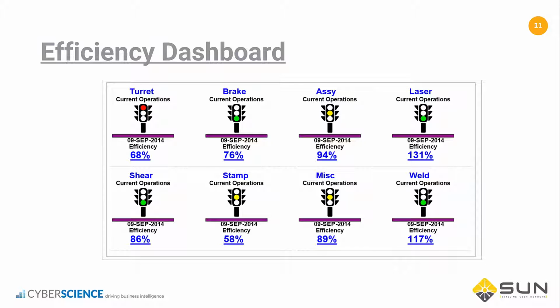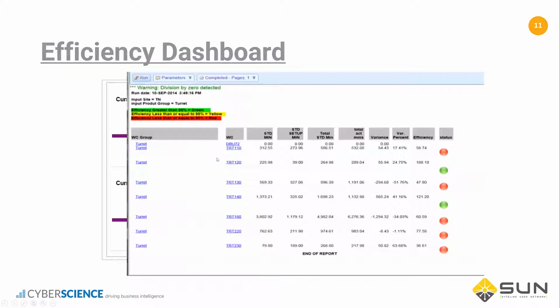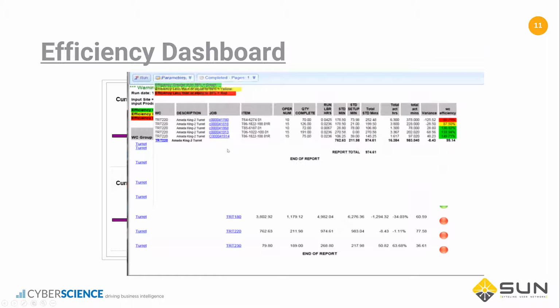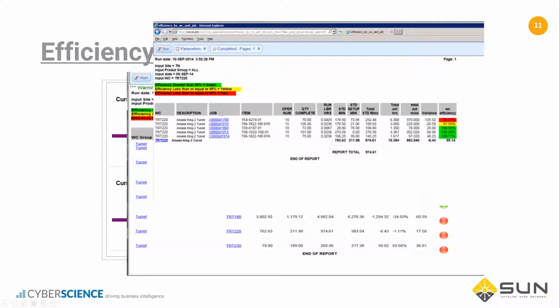So again, the operations manager can look at this dashboard and say, okay, I've got an issue in the turret group. They click on turret, and they can drill down and see within the turret group each individual work center. And again, whether that work center is red, green, or yellow. They can then click on a work center and drill down and see the jobs that are currently open in that work center. And again, whether they're red, green, or yellow.